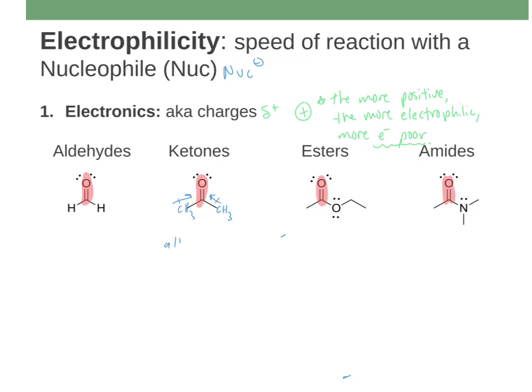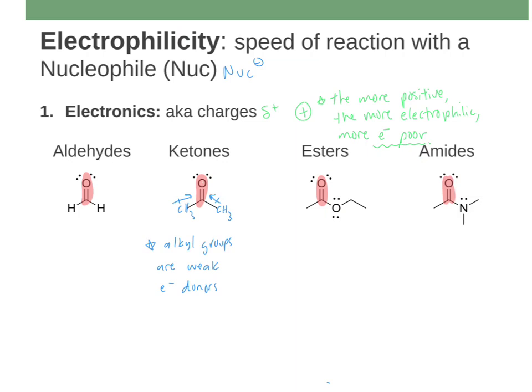Remember that alkyl groups are weak electron donors. That's a key thing, right? Just like we talked about with electrophilic aromatic substitution, just like if you're dealing with acid-base stuff, alkyl groups tend to be weakly electron donating because of hyperconjugation. Same thing is true here, same principle.